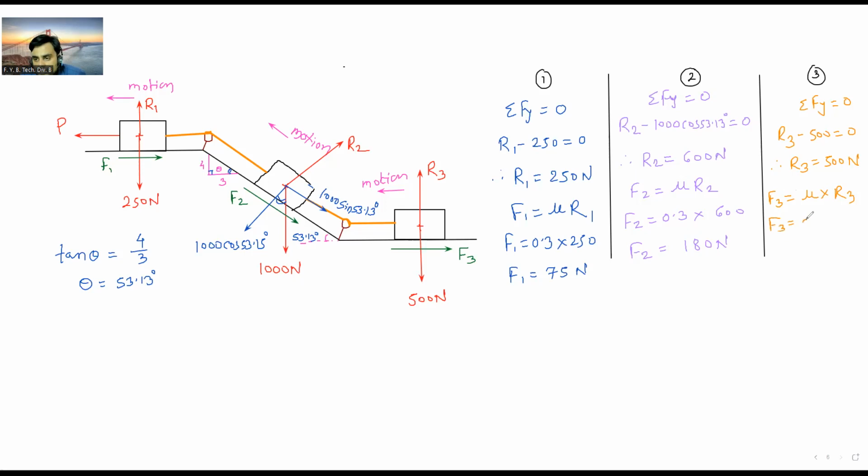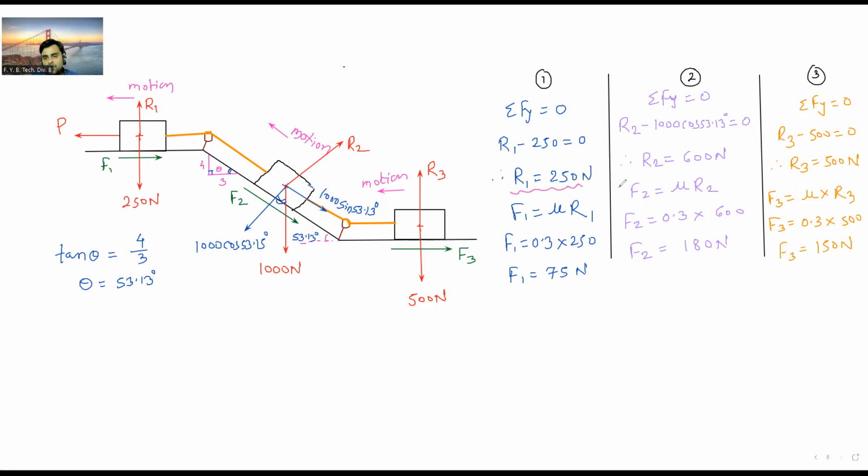So F3 is equal to 0.3 into R3. R3 is 500. So F3 is equal to 150 Newton.